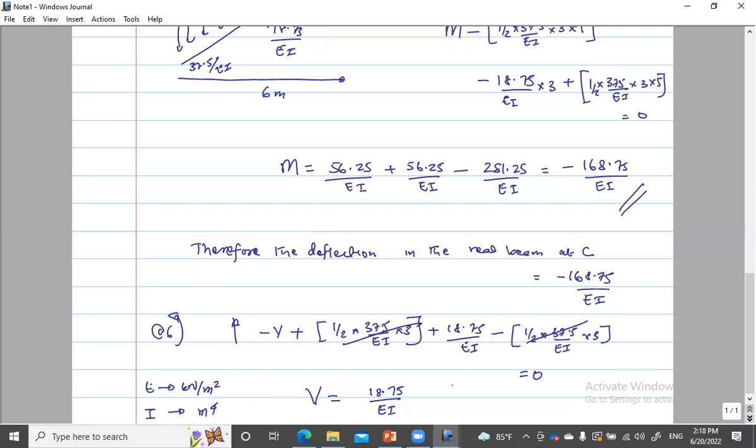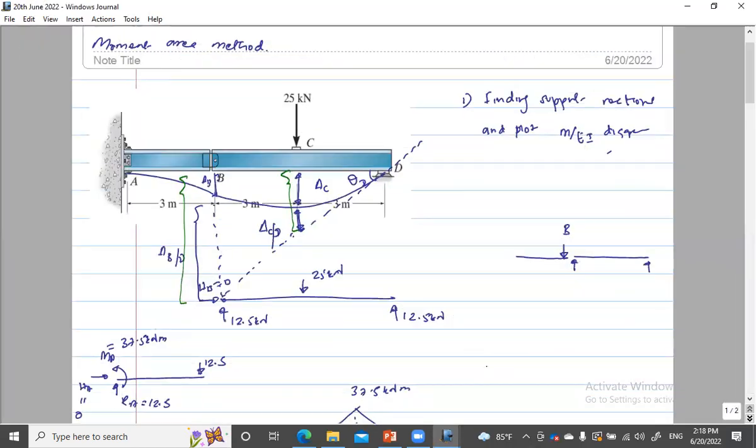Because in the morning, we had a temptation, or tendency, to assume the slope 0 at this point. It is not 0. It is something else. There's a positive slope. So that means the maximum deflection is somewhere here.